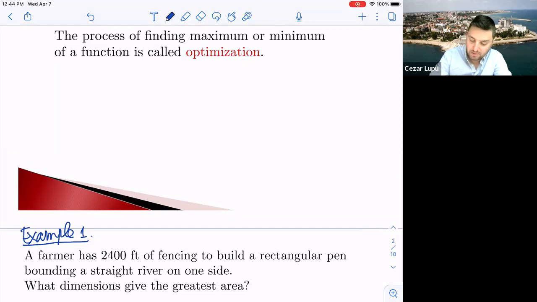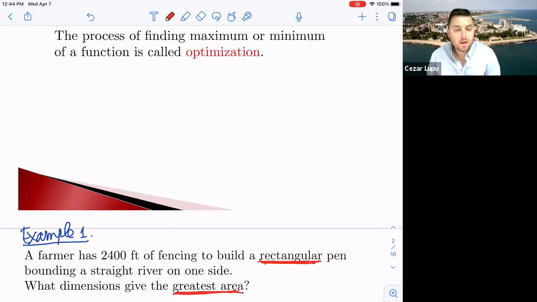So this is the word here, rectangular. In other words, we're dealing with a rectangle, right? So maybe we should know some things about the rectangle. All right, great. And we're asking, what is the greatest area? Of what? Of the dimensions of the rectangle.